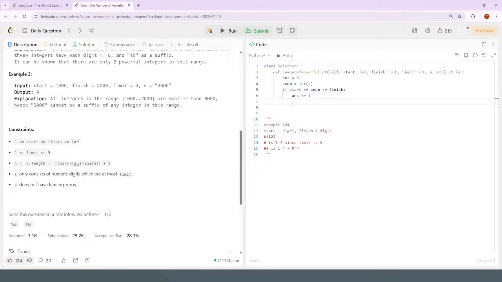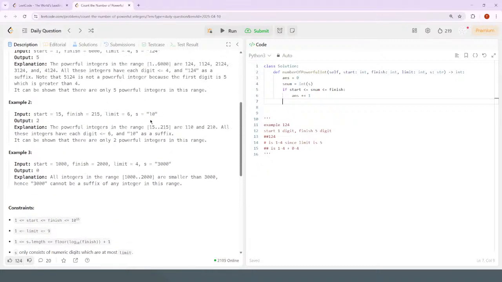So going from a prefix of 0, having no prefix pretty much, and then going through all your other prefixes, as long as it's below your finish.